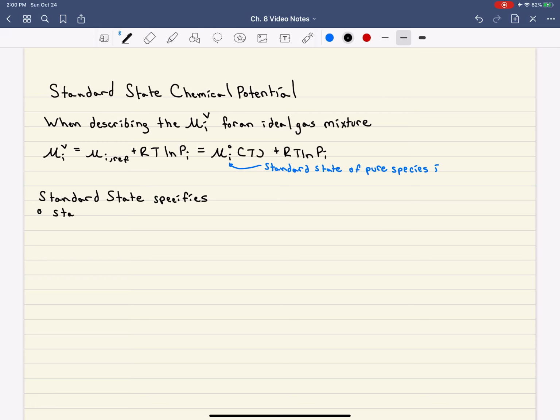So it'll specify your state of matter, so whether the pure species, or your reference species, is a solid, liquid, or vapor. It'll specify a pressure. So, for instance, you could say that your P naught, or your reference pressure, is like 1 bar or something. And it could also specify a concentration.